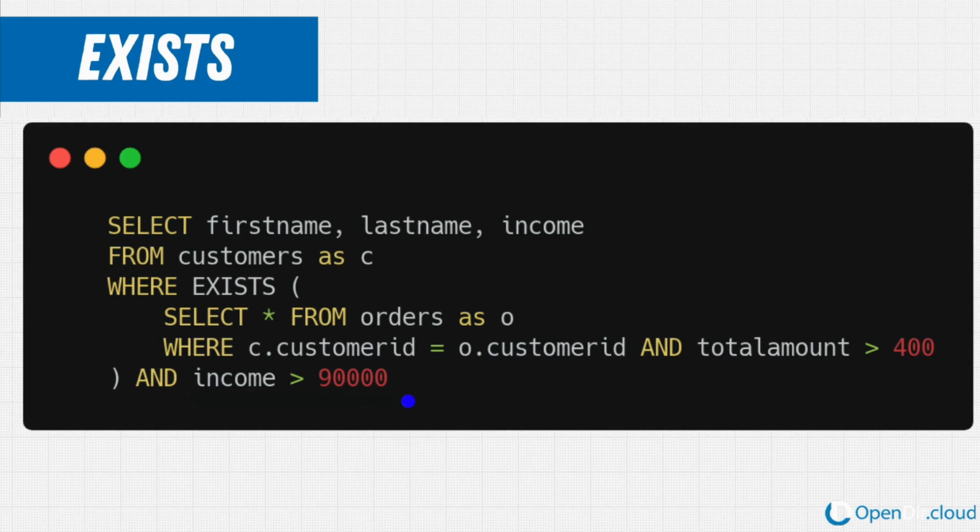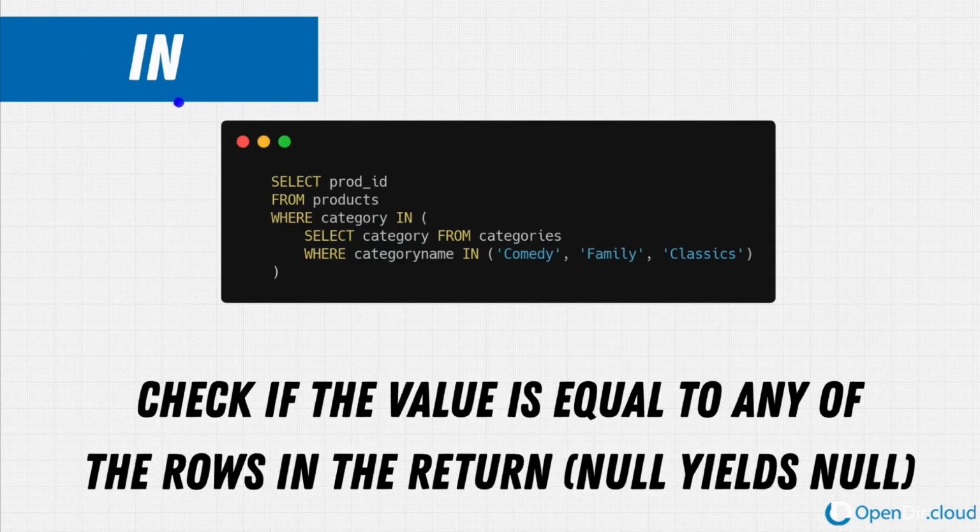But the entire purpose here is to showcase that it's a correlated subquery and that the where clause is basically saying, hey, anything that comes back from here, if it exists, I want to know so that I can basically say which customers are available and then check if their income is over 90,000. So this is going to run against each individual row to check for each individual customer if they had ordered for over $400.